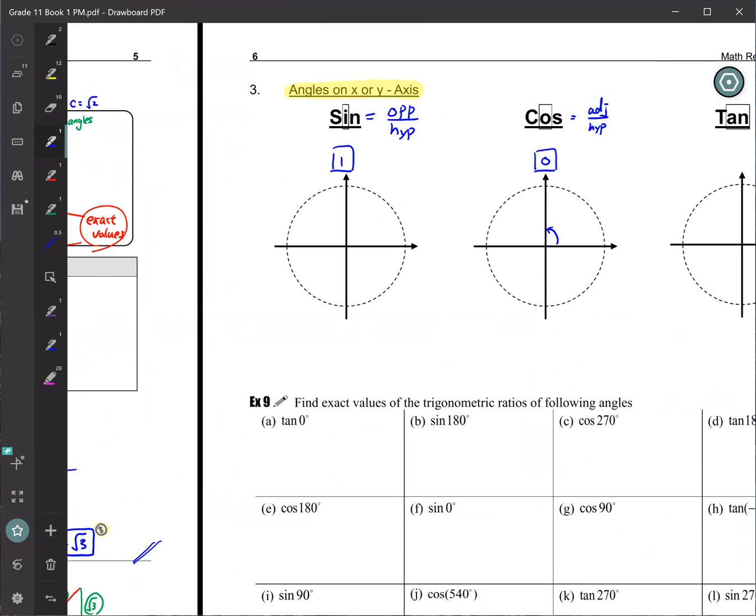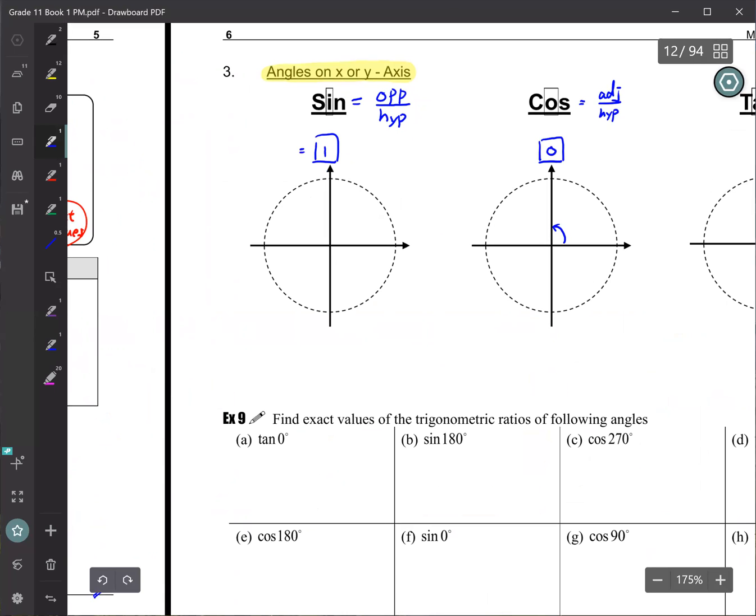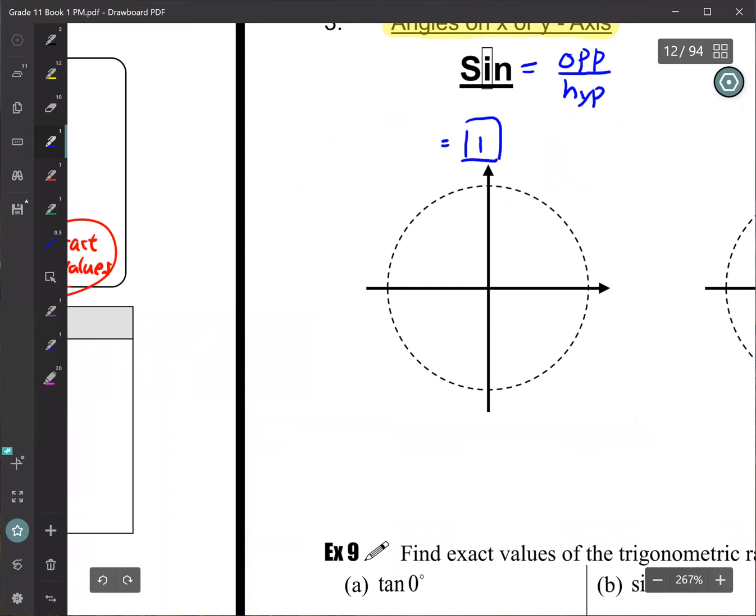Any questions so far on how we get these two? What those two numbers actually mean is that anytime the angle stops there, for example the first picture, the 1 could be sine of 90 degrees because the angle stops there. Or it could be sine of a coterminal angle.